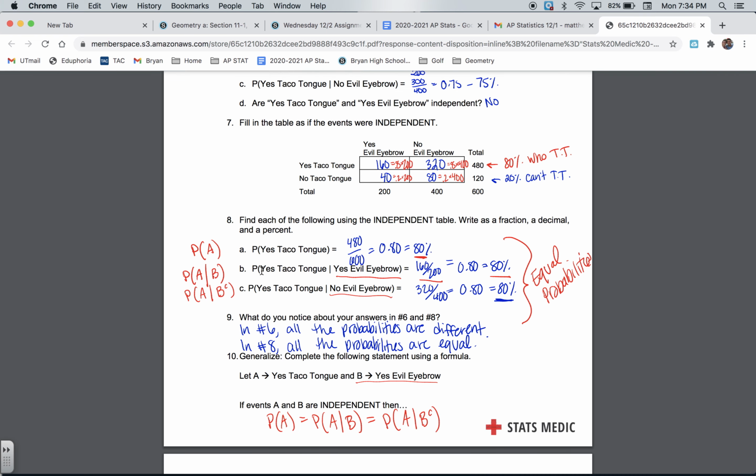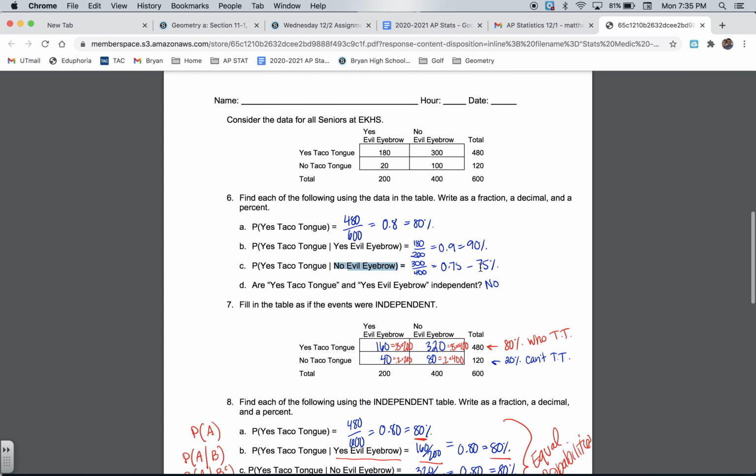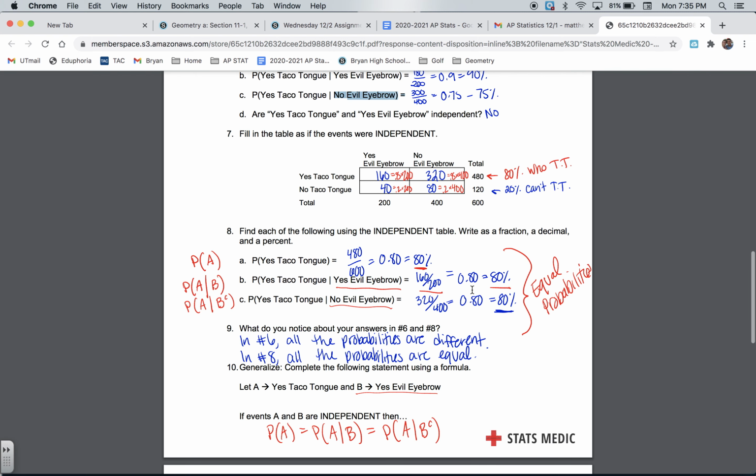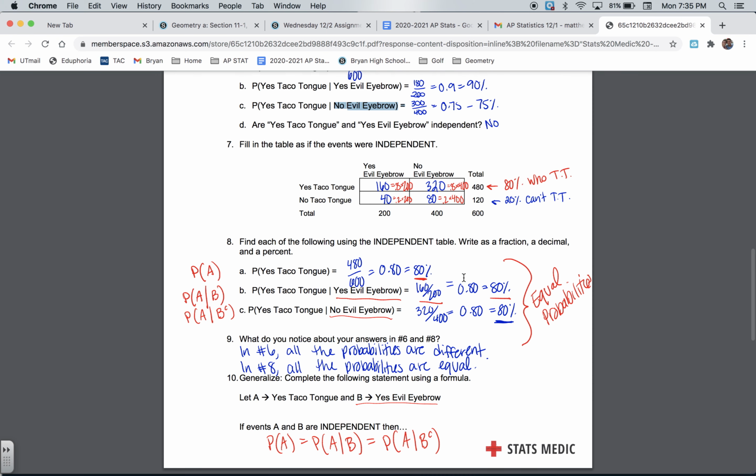Dependent. Same thing. So if I knew that you were a yes evil eyebrow, your odds went up to 90%. If you were a no, you went down to 75. So these were different, these were the same, and so these are independent. Like you being a yes on one and a yes on the other have no effect on it.